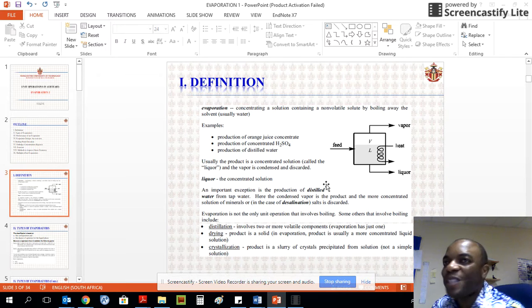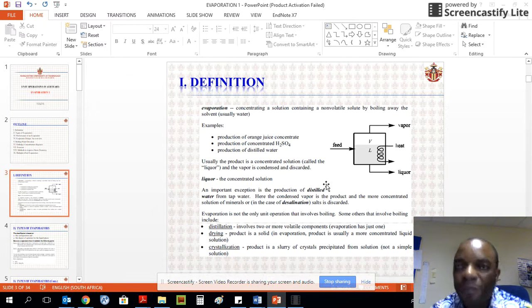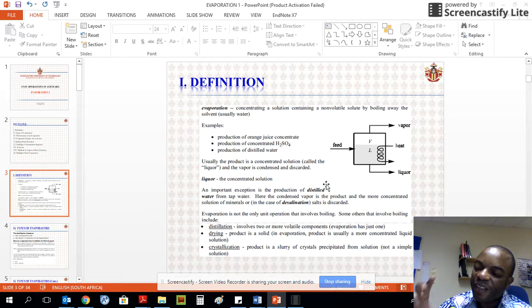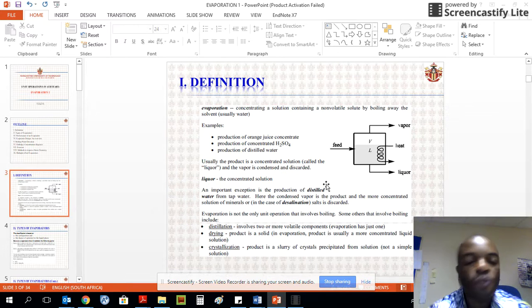When you are distilling water, the desired output is, in fact, the vapor which is condensed, because water is more volatile than the impurities that you don't want to get in your final water.